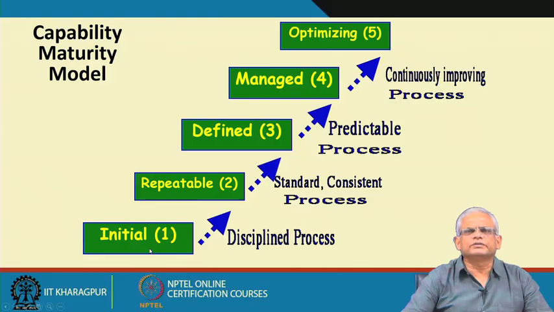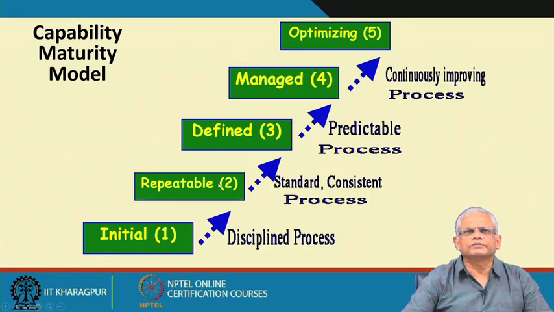In the initial level, there is no disciplined process, everybody is free to use their own process. Even build and fix, there is no process, only build and fix, that would also qualify for initial.